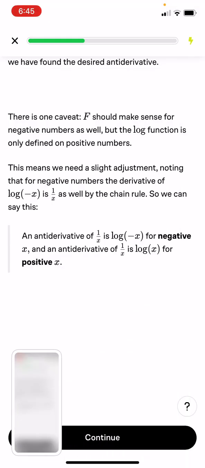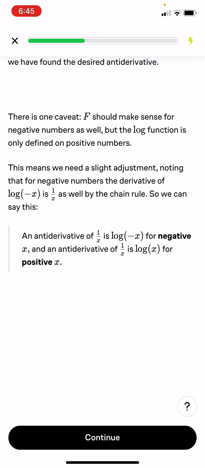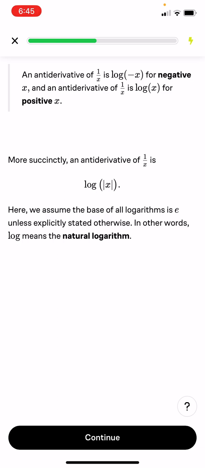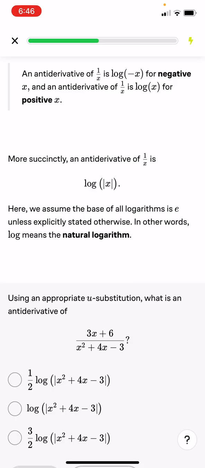An antiderivative of 1 over x is log of negative x for negative x, and an antiderivative of 1 over x is log x for positive x. Now that makes sense. More succinctly, an antiderivative of 1 over x is log of the absolute value of x. Here we assume the base of all logarithms is e, unless explicitly stated otherwise. In other words, log means natural logarithm.